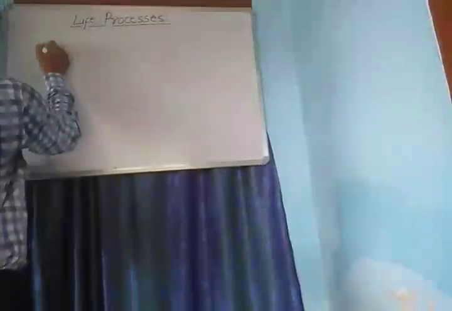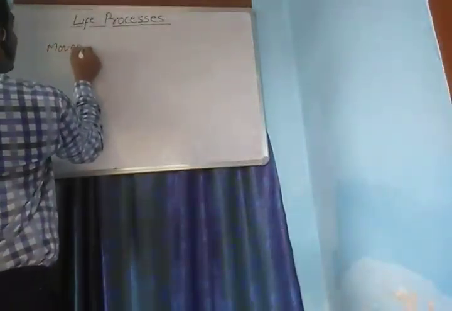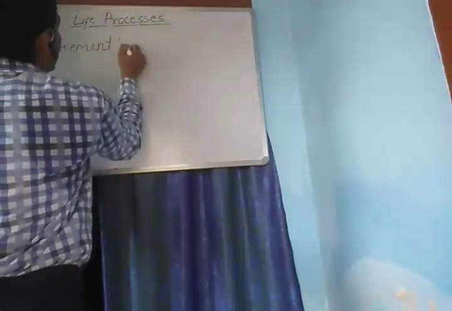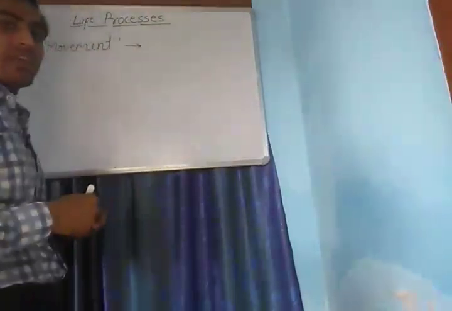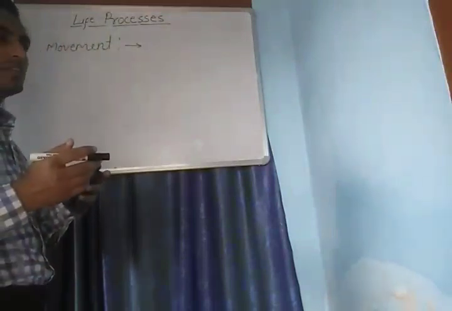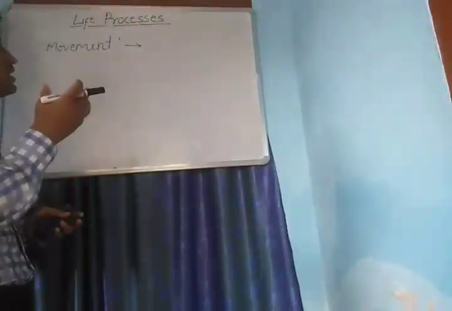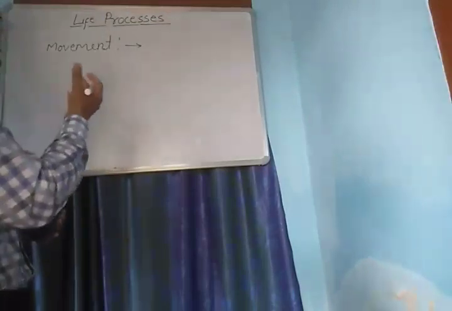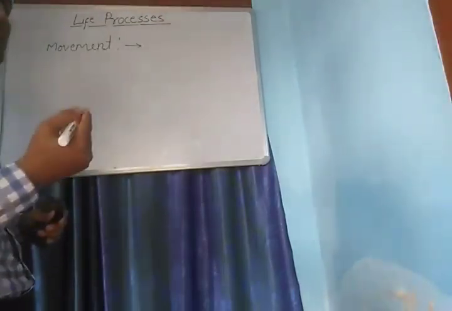Movement is shown by living creatures, and non-living things cannot move themselves. We can see a car is moving, but that is done by the engine. Living creatures move on their own. What is the meaning of movement?